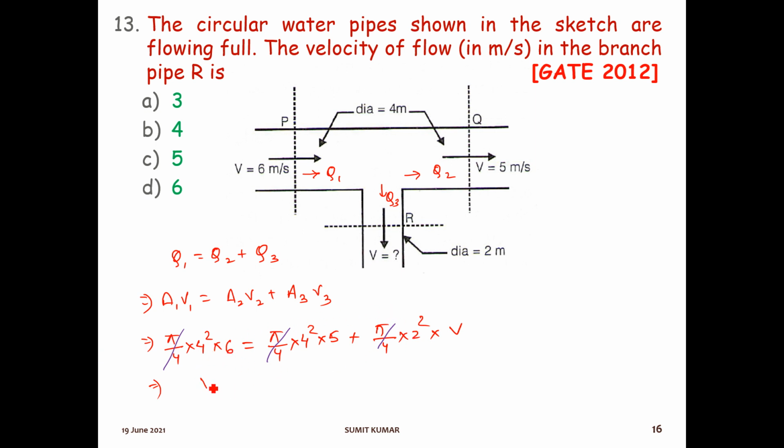You will get the velocity v from 96 minus 80 and minus 4. Just calculate this. 96 minus 80, how much will that be?